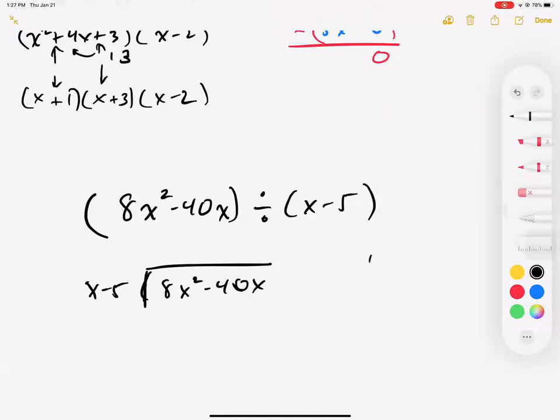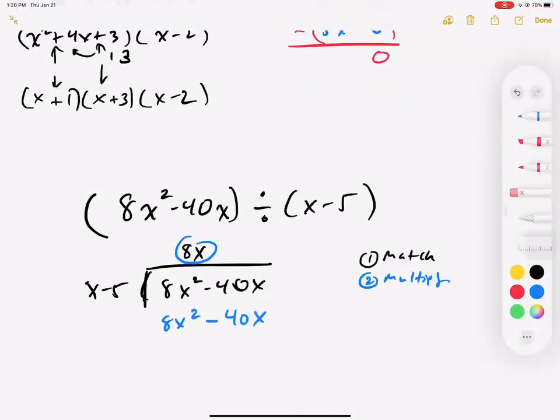So okay, first step is to match, right? So let's match. What times x gives me 8x squared? So I need an 8x. We're going to multiply. So we multiply 8x by the front and the back, both terms. And we end up with 8x squared minus 40x.